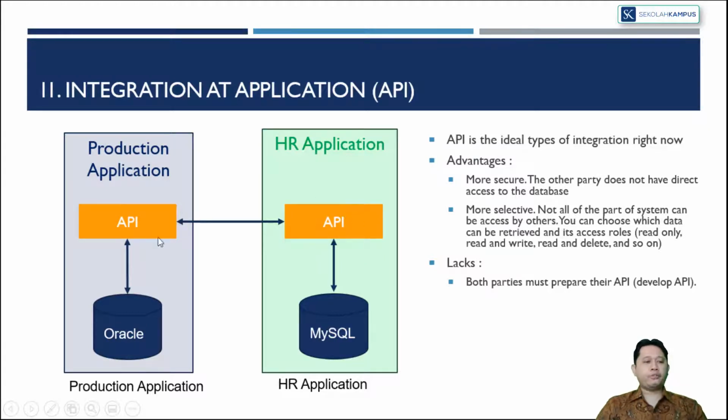Both parties must prepare their API, and this takes effort, since they must put effort into creating the API. This is the drawback of using integration at the application API level.